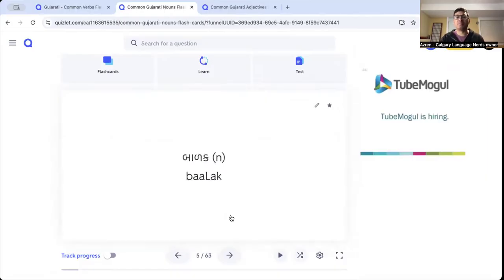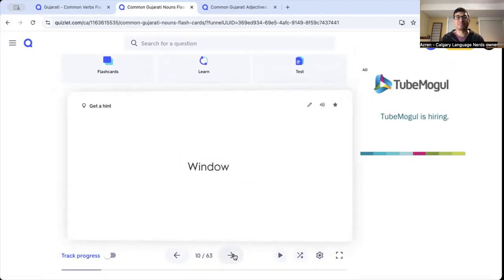Child, barak. House, ghar. Door, darwajo. Table, table. Easy one. Chair, kurshi or kursi. Depends on the person. Some people say kurshi, some people say kursi with an S sound.